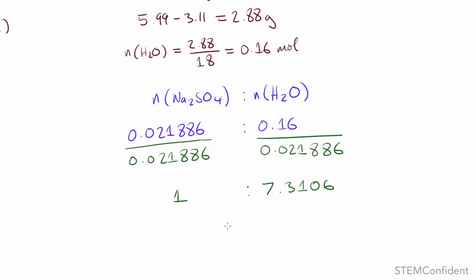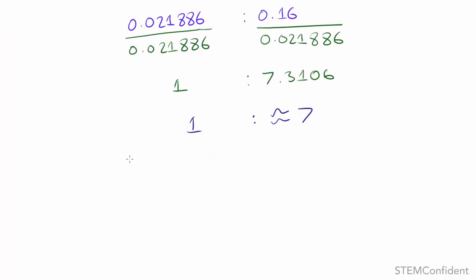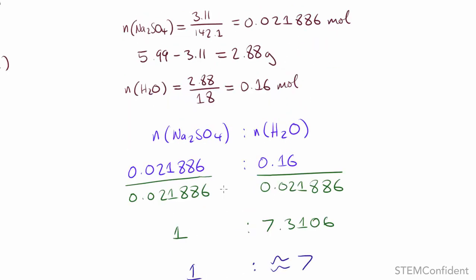So what I can therefore say is 1 is in the ratio of approximately 7. And why am I doing this? I'm doing this because x needs to be an integer value. So we can say therefore x is equal to 7. And what does that mean?